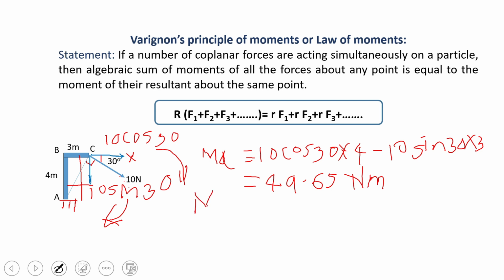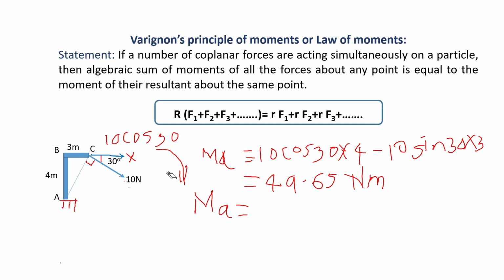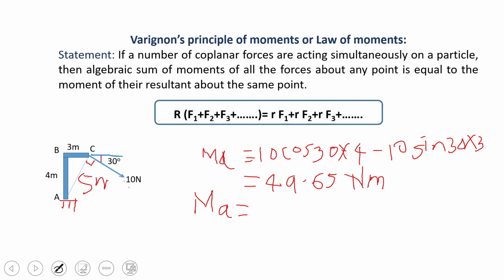Similarly, if I take the moment of the same force without taking the components and considering the force directly, let me clear this here to make you understand. So now we have the force here as it is, right, of 10 Newton. And for this perpendicular distance, we are aware that this is the diagonal, so by applying the Pythagoras theorem, if we calculate the distance, we get 5 meter, right?